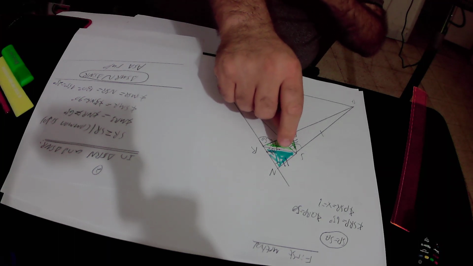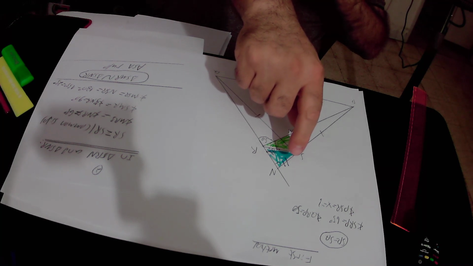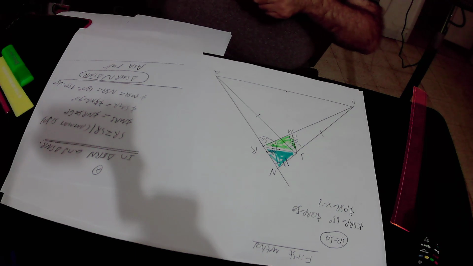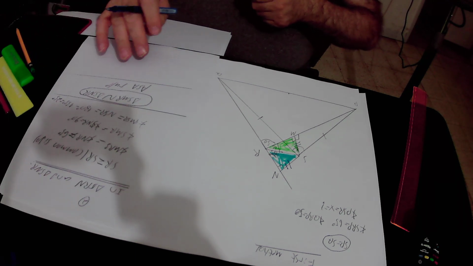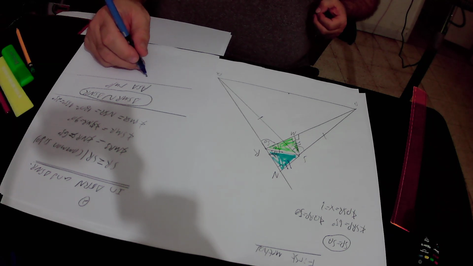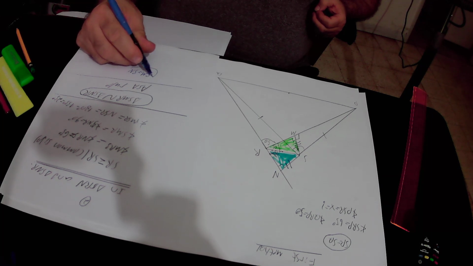Those two triangles are congruent to each other, therefore the two corresponding sides, that is to say SM and SN, will be equal to each other. So we can write down that side SM of the green triangle is equal to side SN of the blue triangle. Okay?